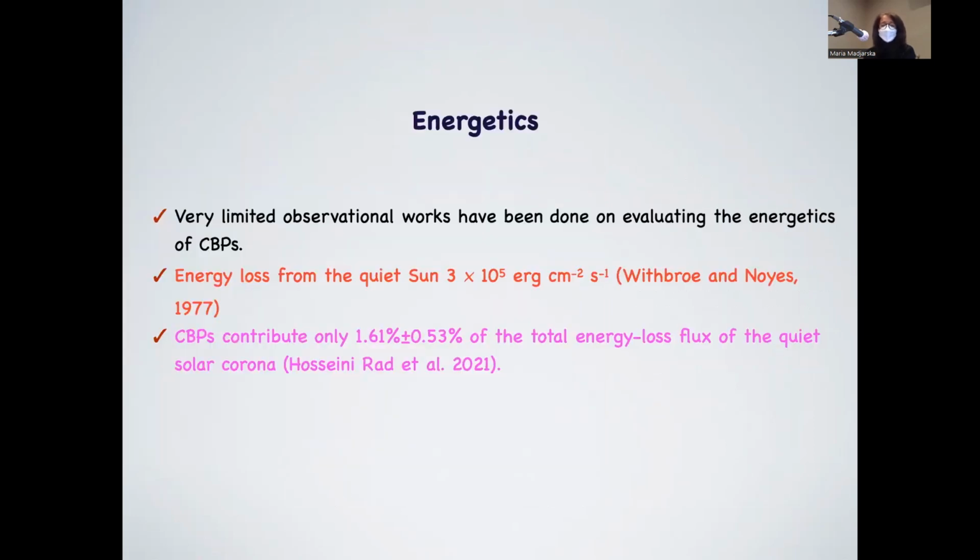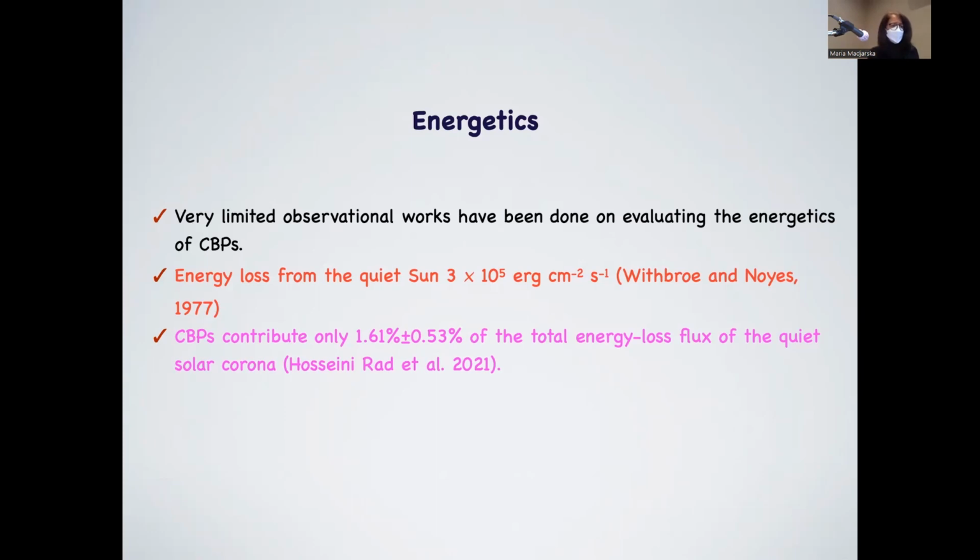Still, this is one of the most recent and most successful simulations of coronal bright points on small-scale loops. So about energetics: do this loop system provide the necessary heat, at least at this height of the solar atmosphere, so that we can register the high temperature plasma? Well, very limited observational works have been done. And the reason is, it's very complex work. So the first work was done in the 90s by Shadia Habal and Vitpro.